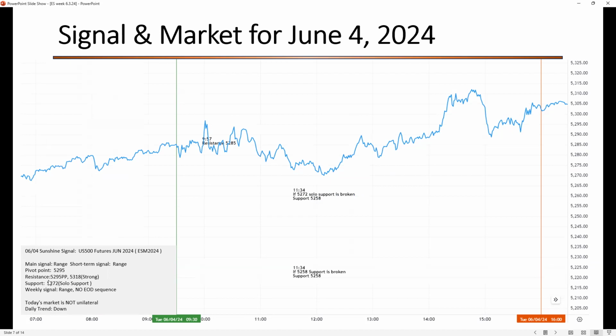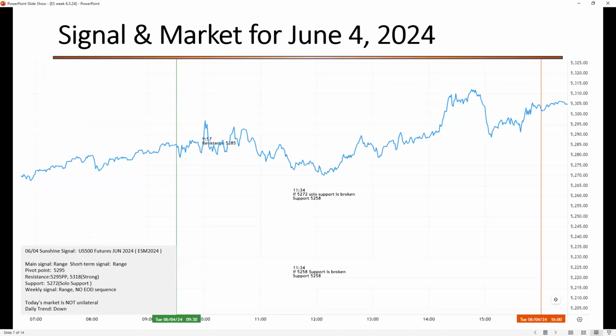Thus, unless the 52.50 breaks, which was the low from the day before, my bias here was still to go long because the signal was an upgrade from the day before. And so unless we see supports getting broken, the expectation is still for dips to be bought up.